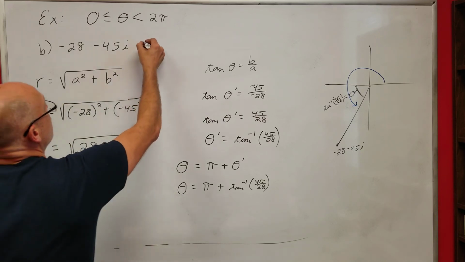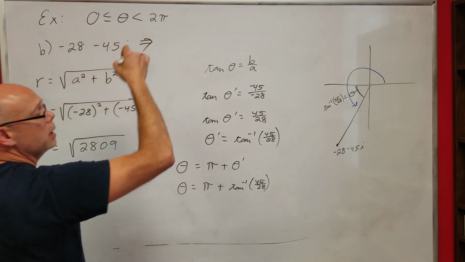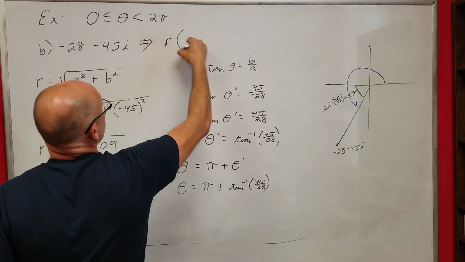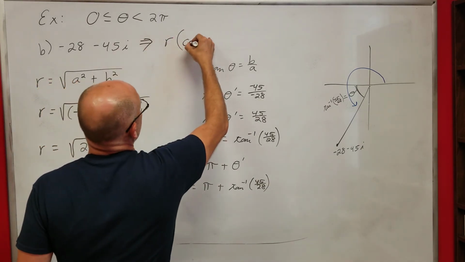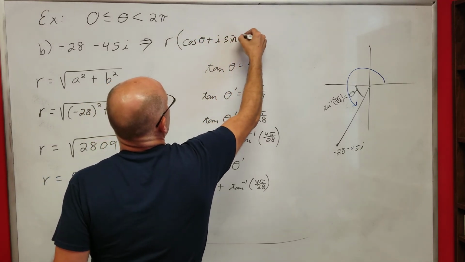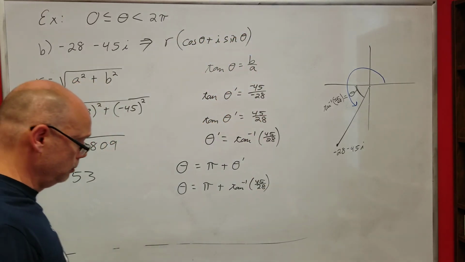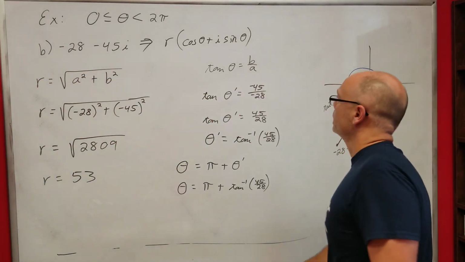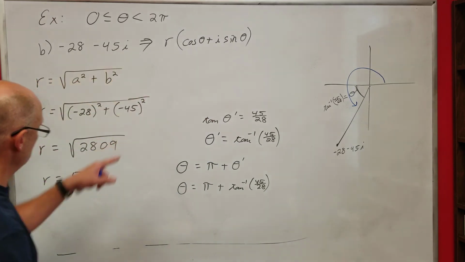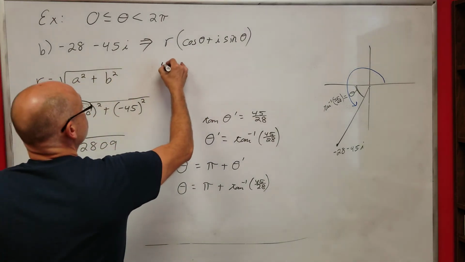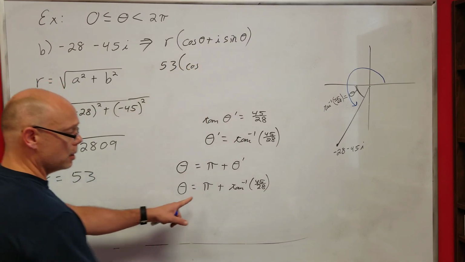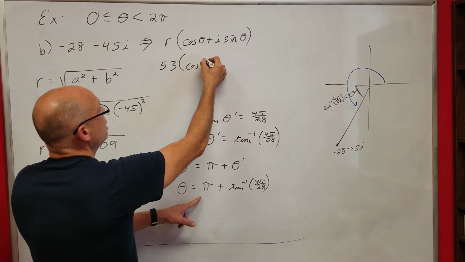So now, if I'm going to write this in complex polar form, I'm going to write it as r times the cosine of theta plus i times the sine of theta. Well, let's fill in now. So what do we have? What is r? r we found to be 53 times the cosine of theta. Theta is all this value, so I'm going to put all that in there.